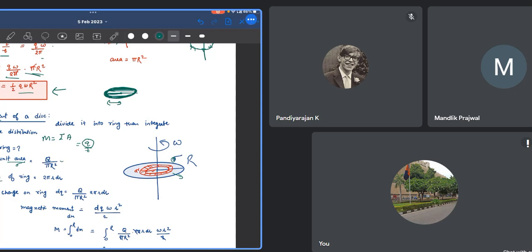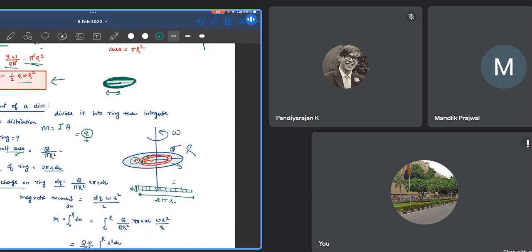And now the area of the ring: if you take this ring and take it out, it will become like this. So the total length is given by the circumference 2 pi r and its width is given by dr. So the area of this ring is 2 pi r into dr.